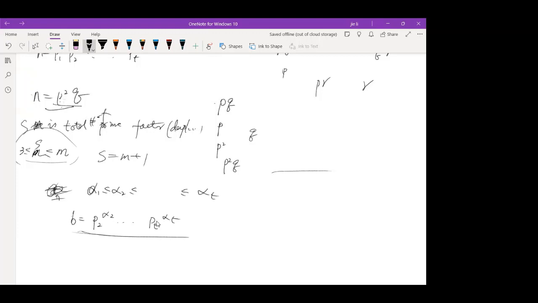And how do we put in all those related with P1? How do we do that one?